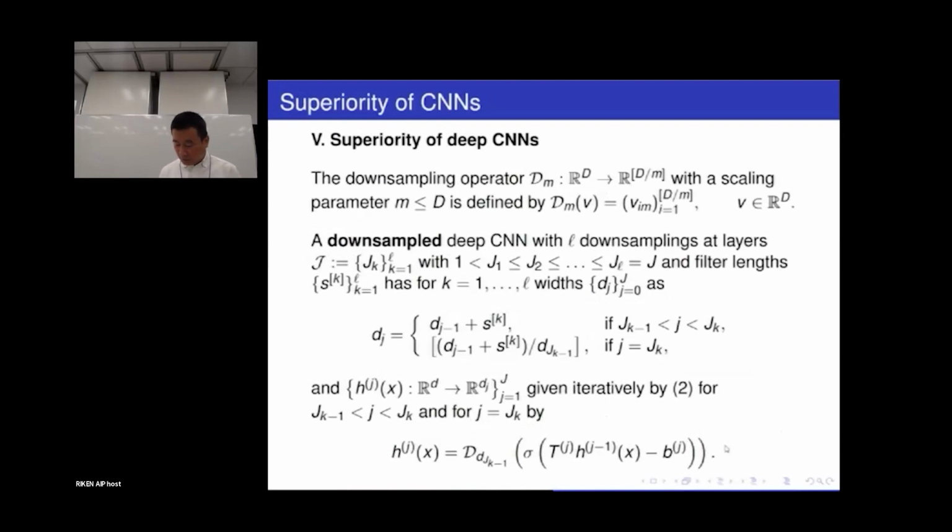We start with the first theorem, saying that deep CNNs are not worse than fully connected neural networks. We use a downsampling operator: if a vector is in R^d, we only take one entry out of every M, so the size of the vector is reduced by M, and we apply this downsampling at some layers.